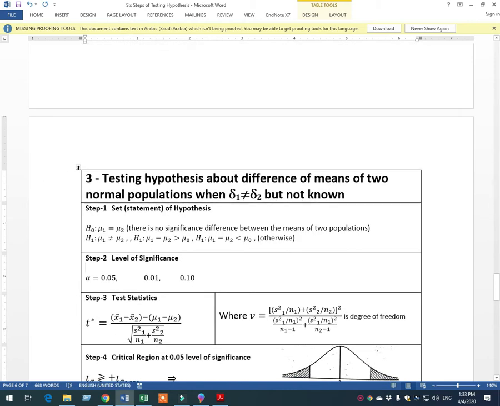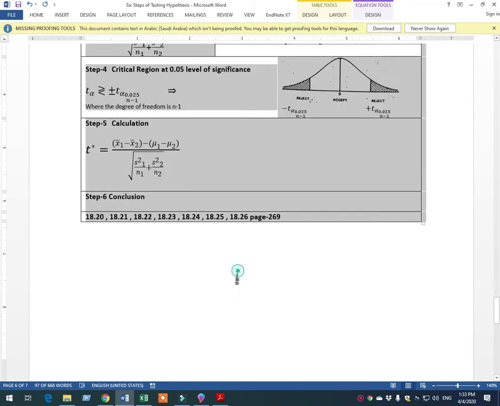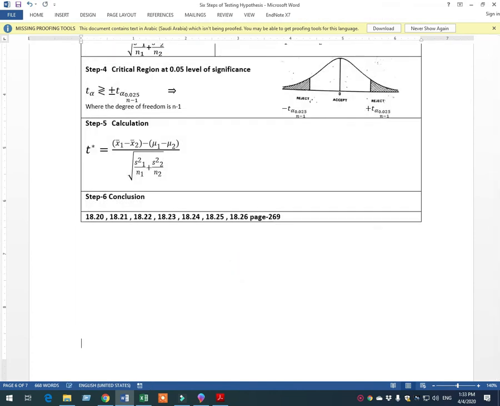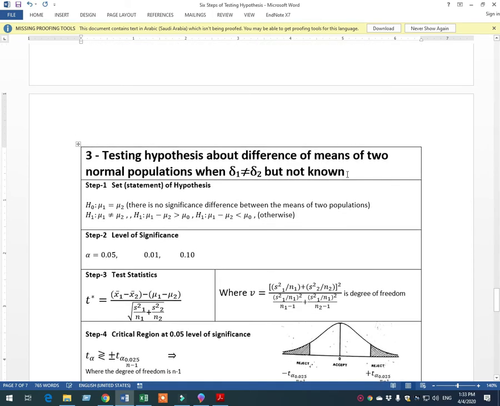I'll just copy this and take it to the next page, because I want to save one table here. So here I have the problem number 18.21 A part.